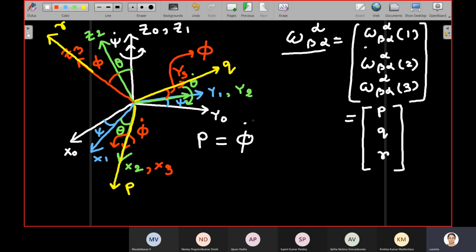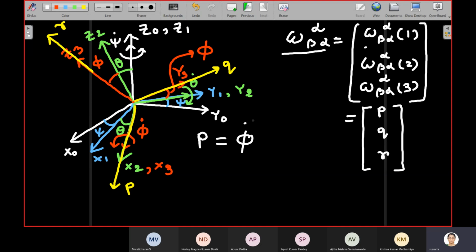How about psi dot? Will it have a component? Now psi dot is along z0, and z0 is the same as z1, correct? Yes, ma'am. What can we say from this?